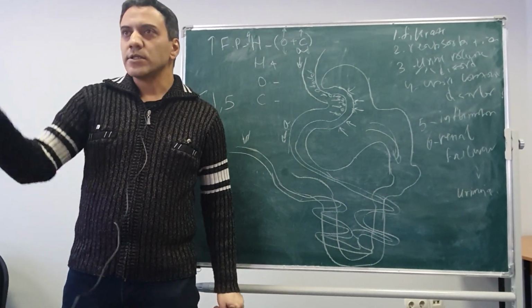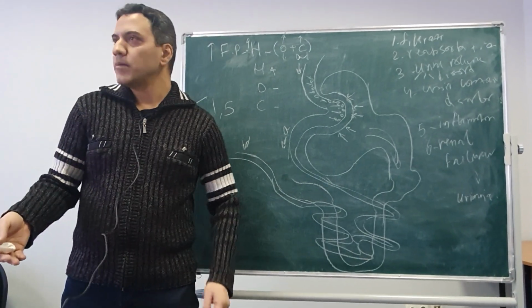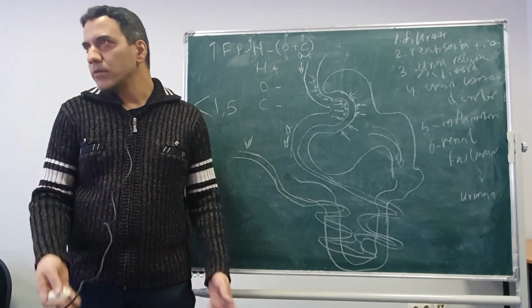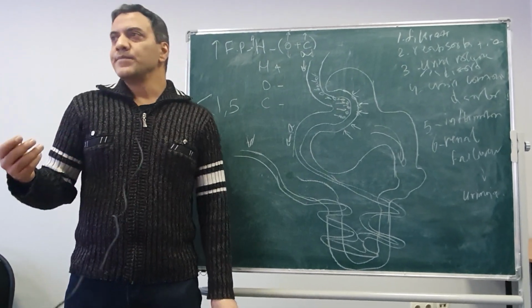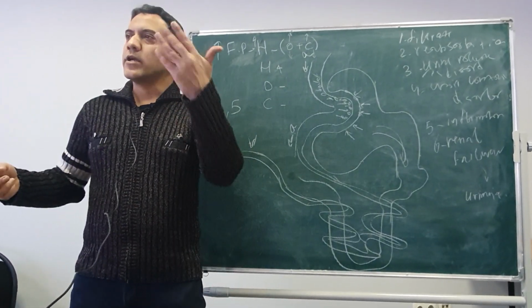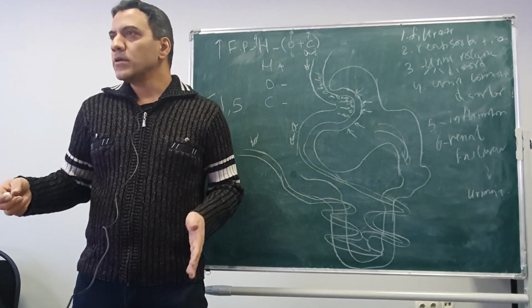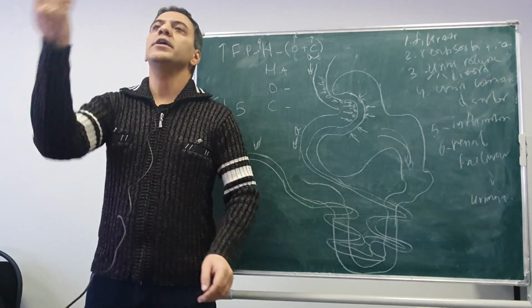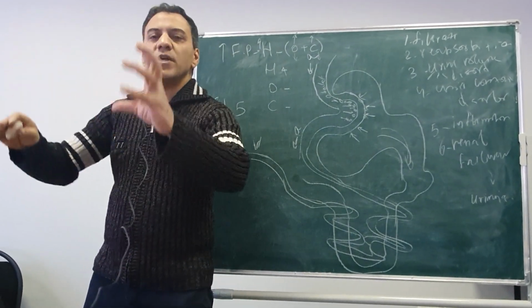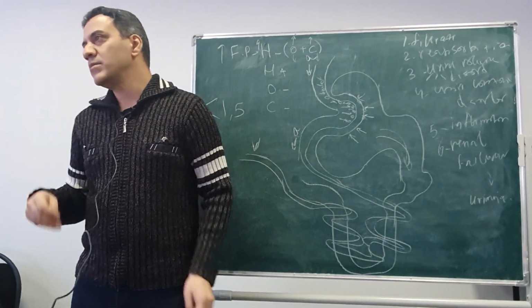For example, diabetes manifests with polyuria, yes? Diabetes, hypertension, as I said. Some endocrine disease, for example vasopressin insufficiency, diabetes insipidus, we call this. This is pre-renal. It means the problem is not in the kidney, the problem is in the body. Understood?